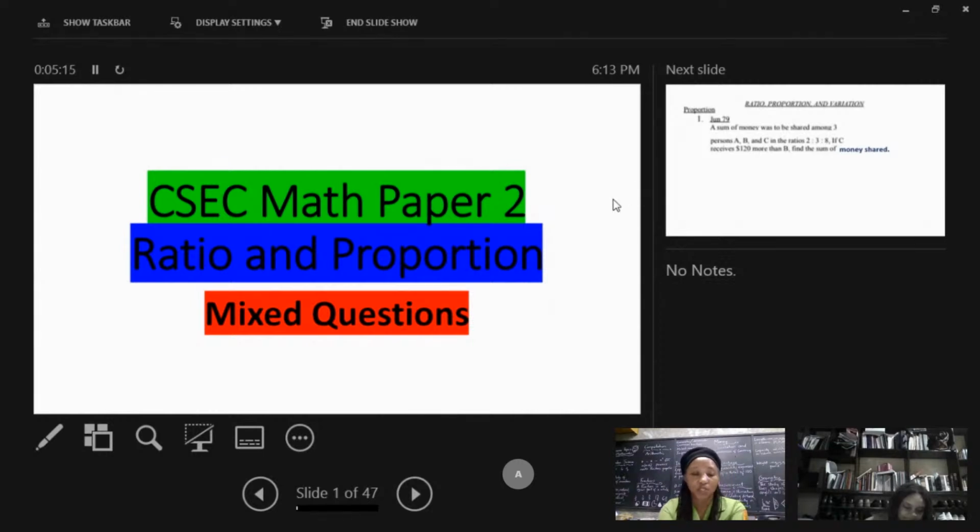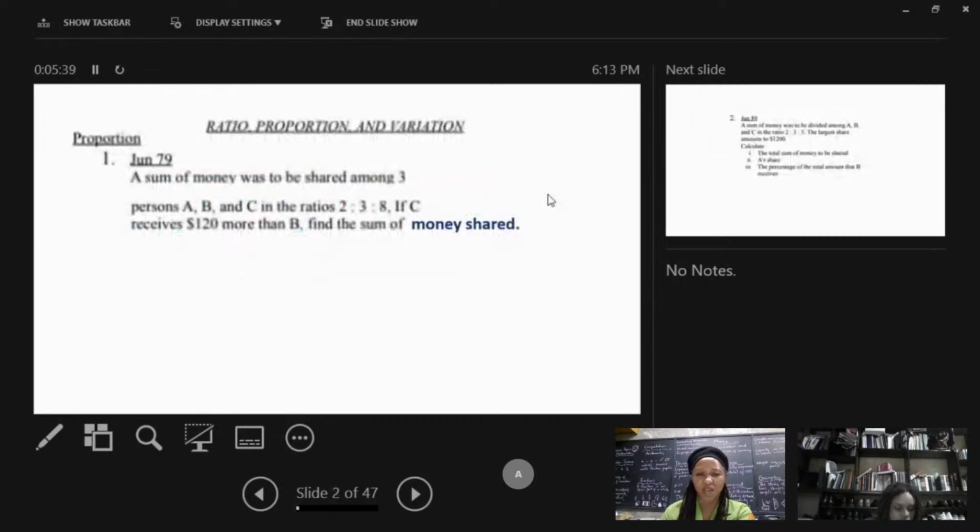So first of all, if they are not in the same unit, we need to first put them in the same unit, and then we cancel the units. So in the final analysis, when we express the ratio, there are no units there, and we express the ratio in its simplest form.